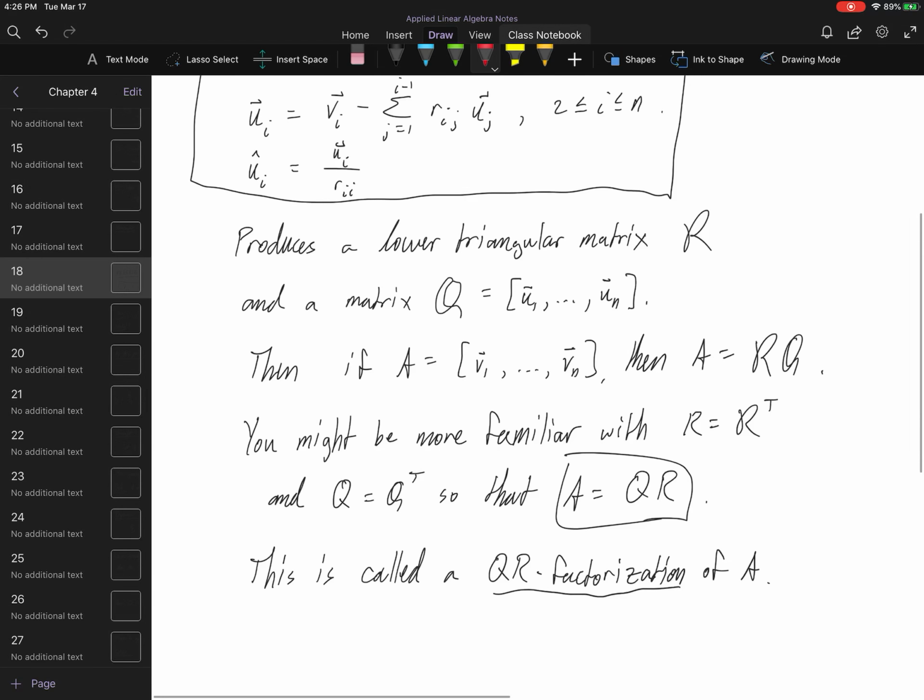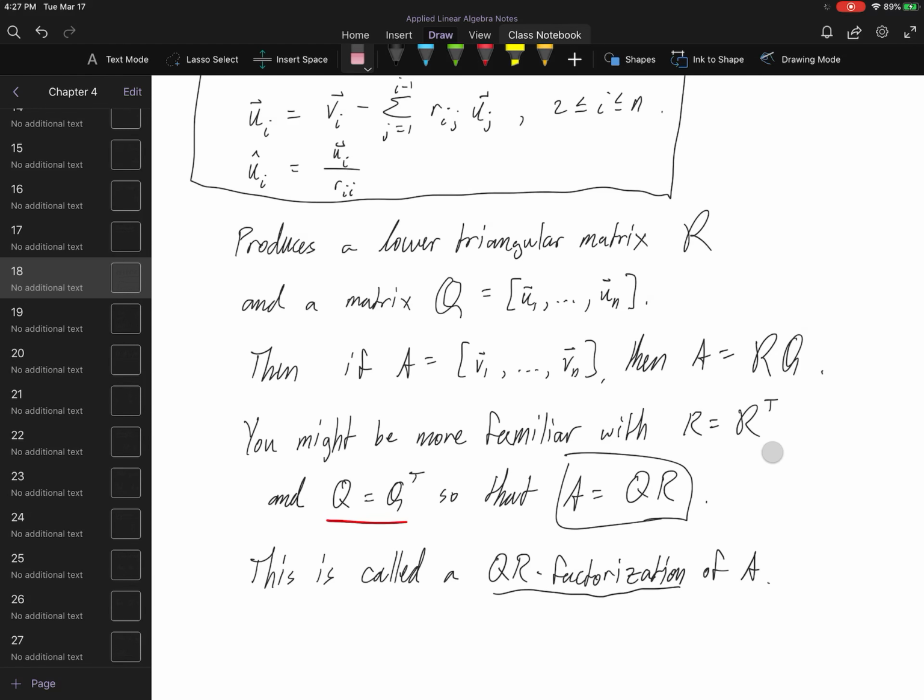So I can decompose this matrix A in terms of this new basis. In a more familiar setting, what we actually see here is not the multiplication R times Q, but we replace R with its upper triangular transpose, and we replace Q with Q transpose.